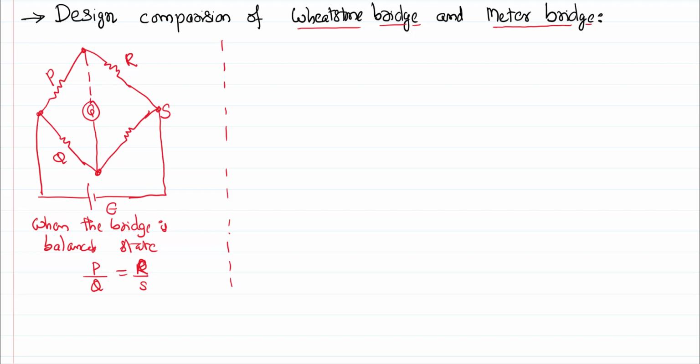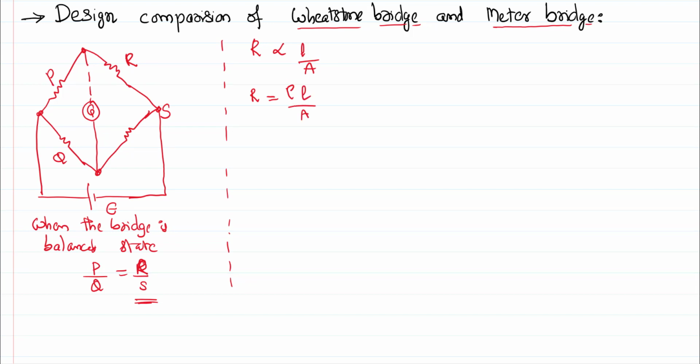So, instead of varying the resistances, let's use the concept that the resistance of a wire is directly proportional to length and inversely proportional to area. So R equals rho L by A, with a proportionality constant rho called specific resistance.